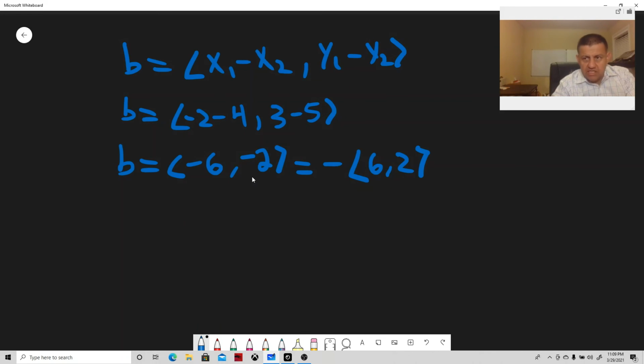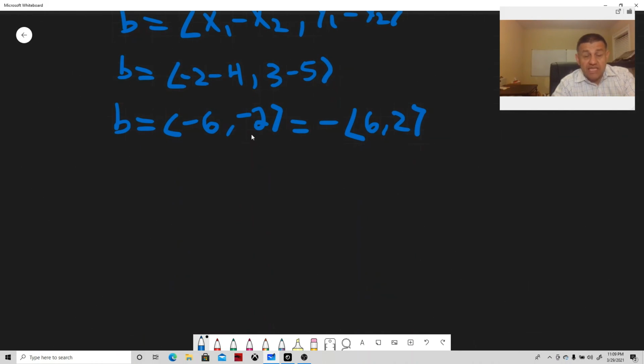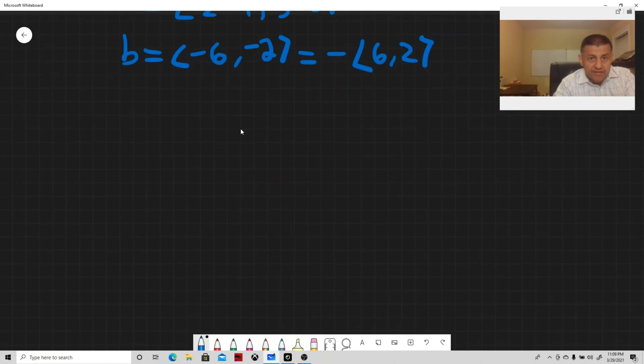Or you can leave it like this, whatever you feel comfortable with, because when you graph it, it may make more sense doing it that way. For me, it makes better sense doing it this way.